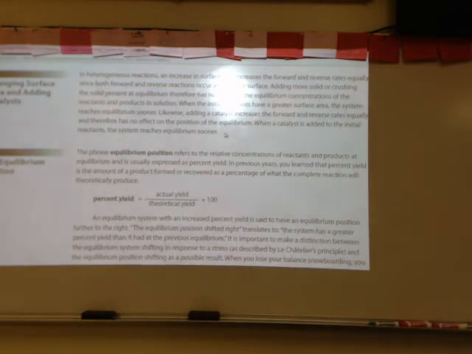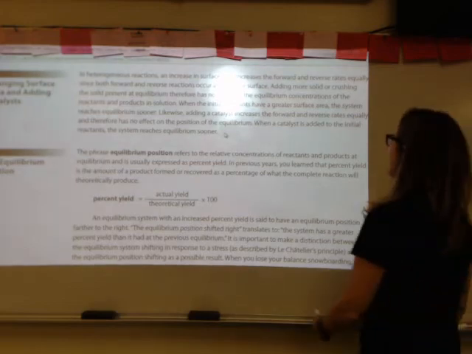Now let's talk about changing surface area and adding catalysts. In heterogeneous reactions, an increase in surface area increases the forward and reverse reaction rates equally, since both forward and reverse reactions occur at the same surface. So if I add more solid or I crush a solid that's present at equilibrium, there's going to be no effect on the equilibrium concentrations of the reactants and products in the solution.